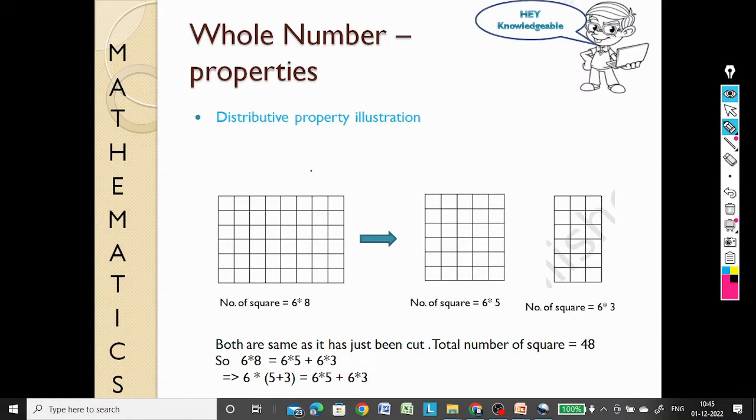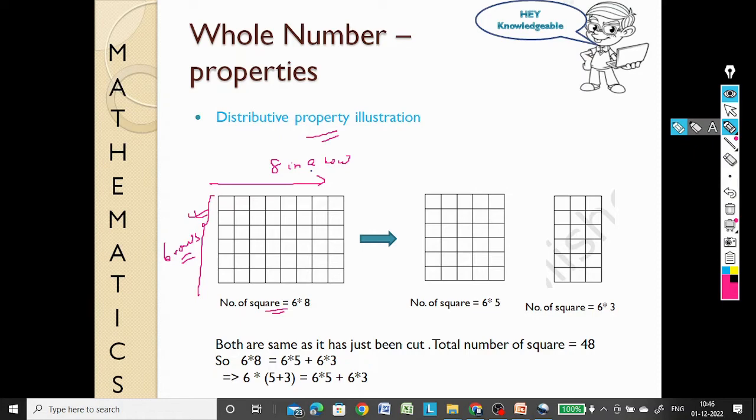So let's see an illustration of the distributive property. Here we have a cloth which is marked with squares, and the total number of squares is 8 in a row, and there are such 6 rows. What we have done is we have taken a scissor and cut the cloth into two pieces.